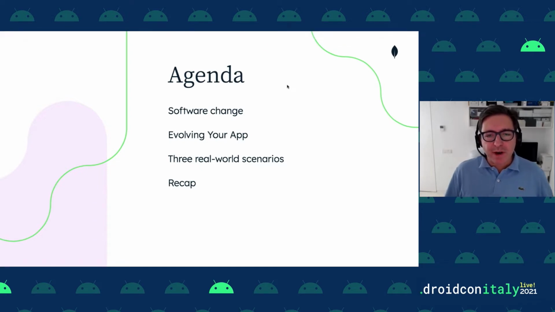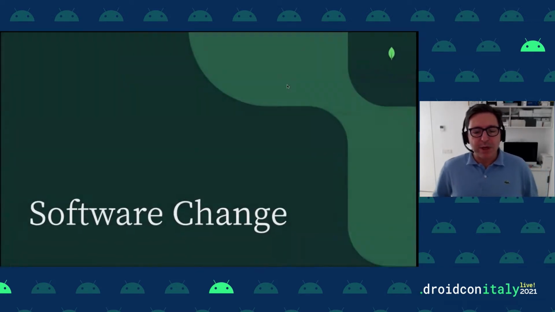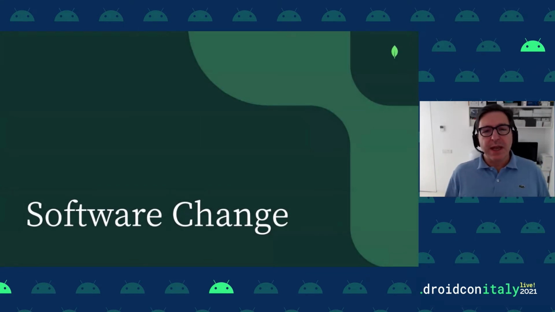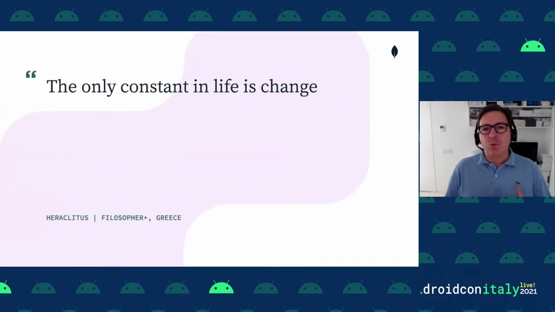So without further ado, let me start with what software change is and what it means for us as software developers. Sometimes as software developers, we have the perception that most things that we are finding are quite new because they happen to us and because software development is a very young discipline.